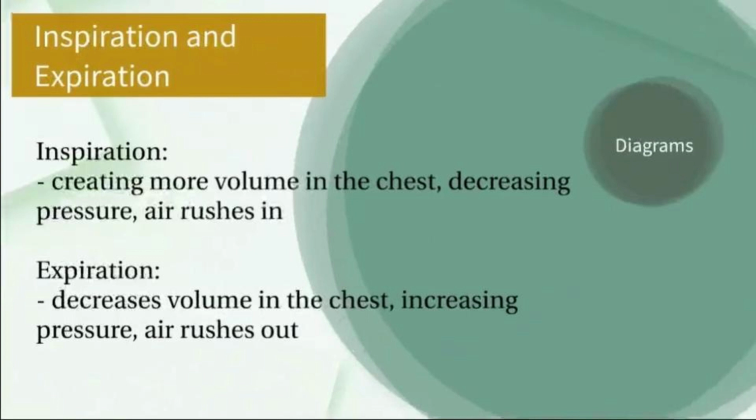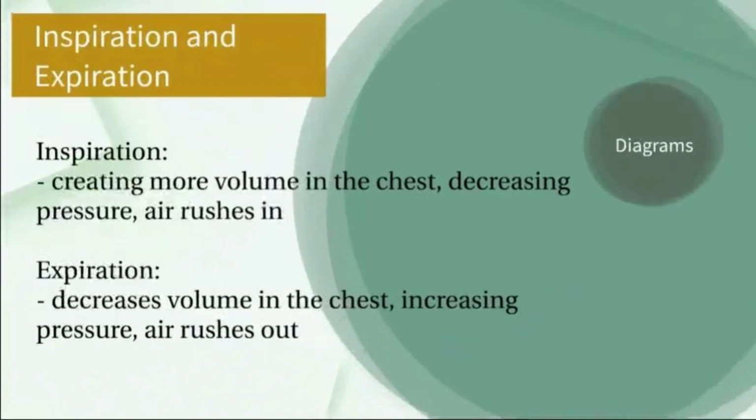So the external intercostal muscles contract, internal muscles relax, your ribs move up and out. Simultaneously, your diaphragm moves down. You now have more space in the upper body, more volume, lower pressure. The difference in the pressure between the inside of the lungs and the atmospheric pressure, meaning the air, creates a gradient, thus forcing air into the lungs.